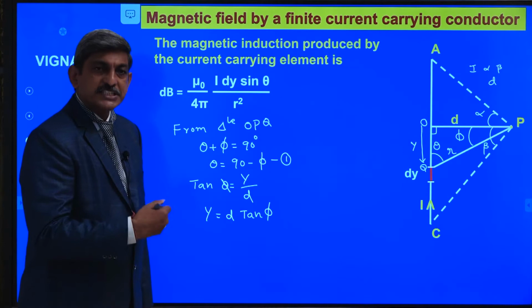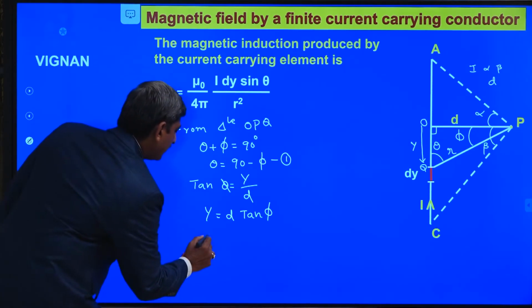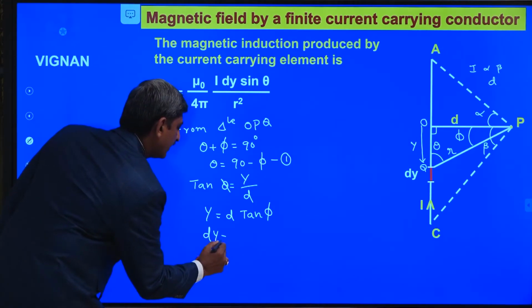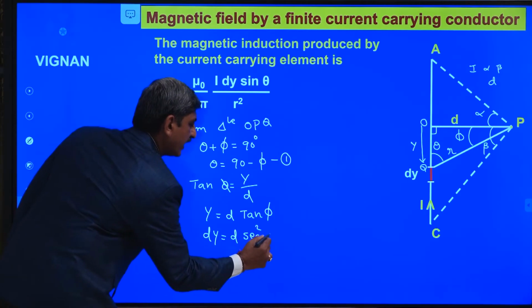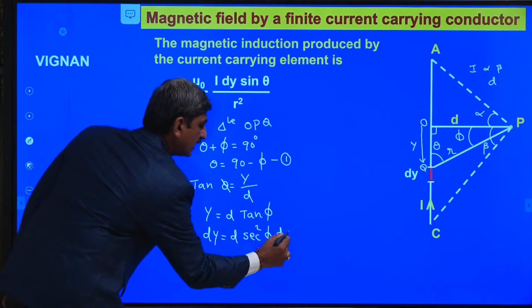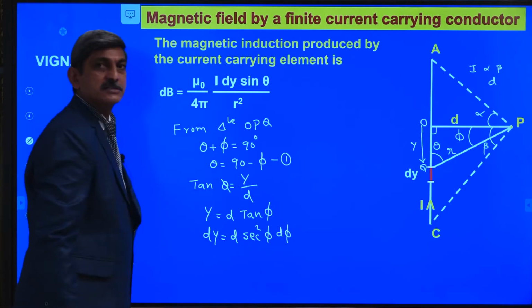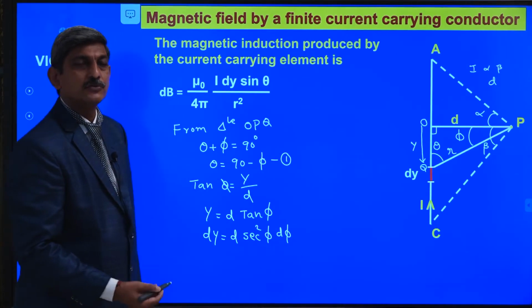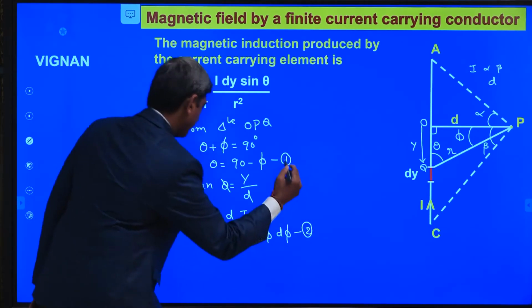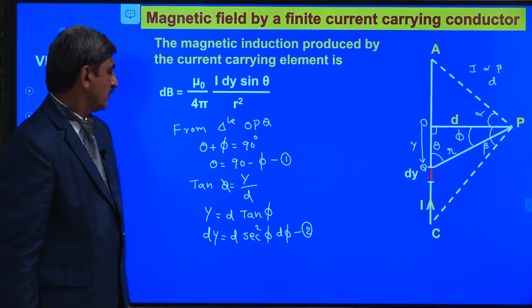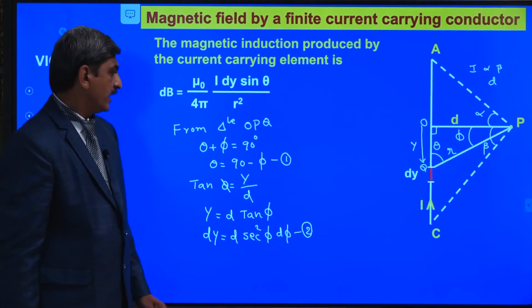Now, by differentiating this equation, we have dy is equal to d secant square phi d phi. Why? Because differentiation of tan theta is equal to secant square theta, so that we have dy is equal to d secant square phi d phi.